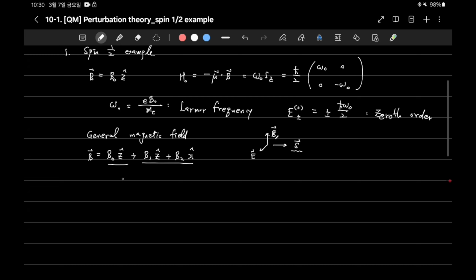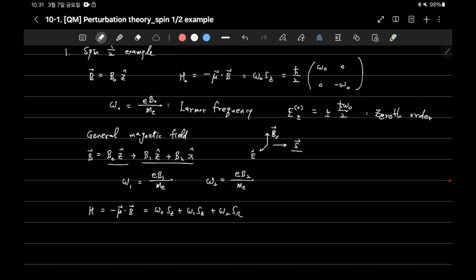By simple explanation, we can define several other Larmor frequencies, like omega 1 is eB1 over me, and omega 2 is eB2 over me. So the general Hamiltonian is minus mu dot B, which is omega 0 Sz plus omega 1 Sz plus omega 2 Sx.